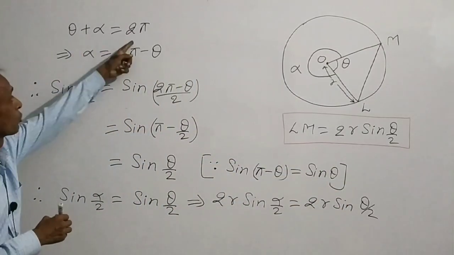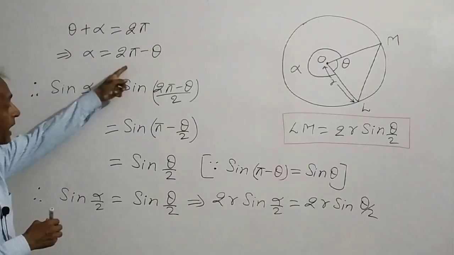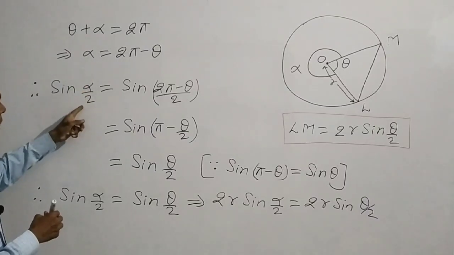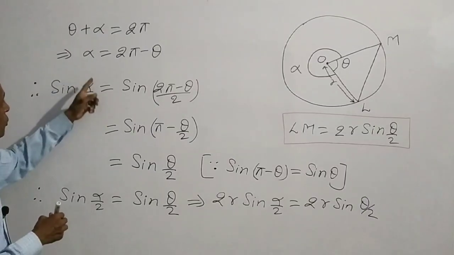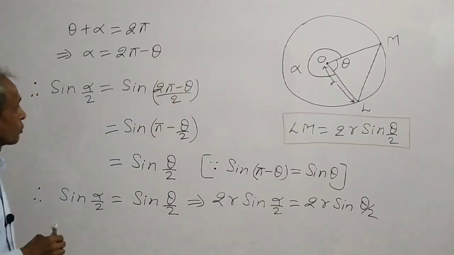Alpha is equal to 2 pi minus theta. Taking sine on both sides, we get sine of alpha by 2 is equal to sine of 2 pi minus theta by 2.